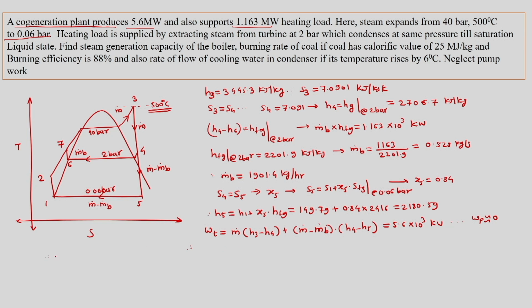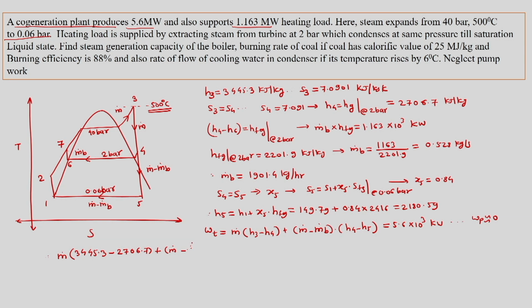So we know m dot is not known, and H3 we know, H3 is the enthalpy at the entry to the steam turbine, 344.3 minus H4, and H4 enthalpy is equal to 2706.7 plus m dot minus m dot b.